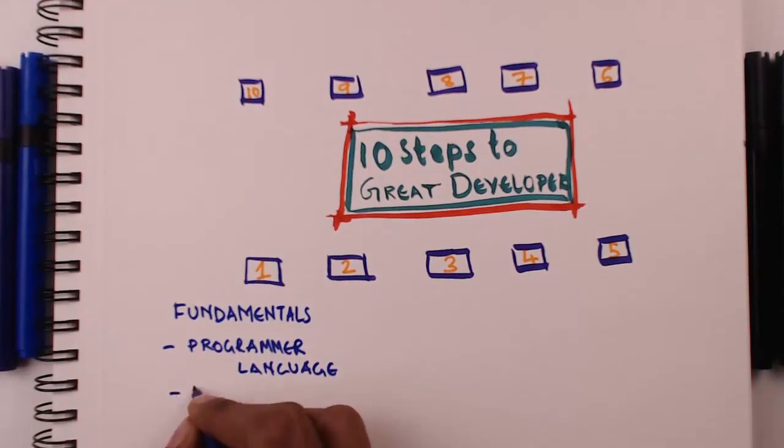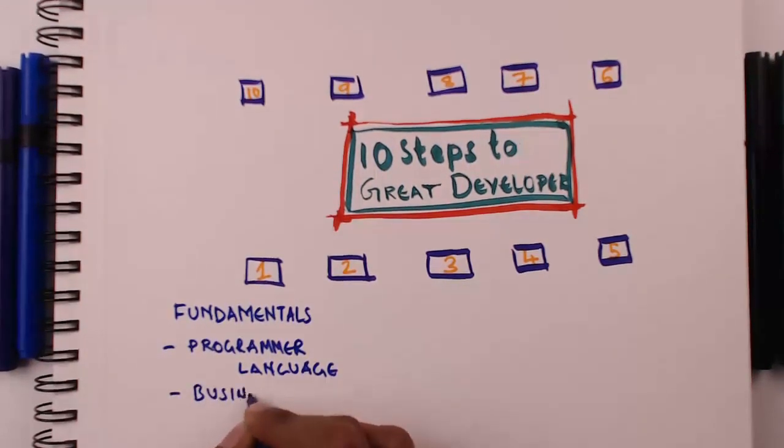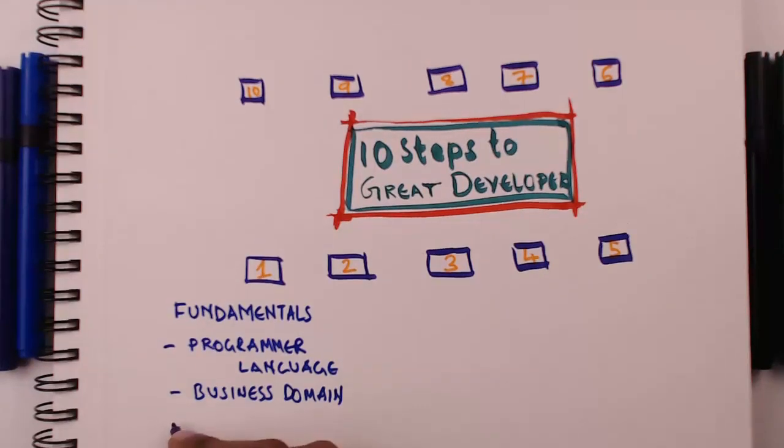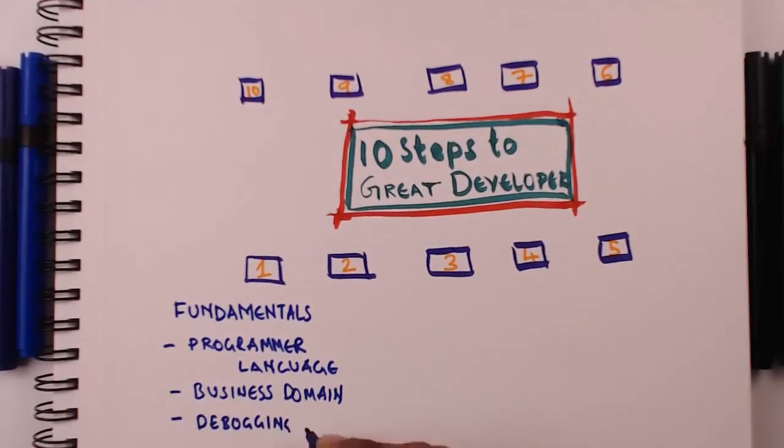And the other fundamental is your business domain. You need to understand your business domain very well. You are a programmer. You are developing an application in a specific business area. You need to understand that really well. The third important skill as a programmer, which is very important, is debugging, solving problems.